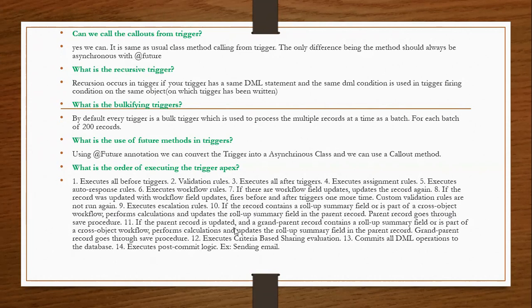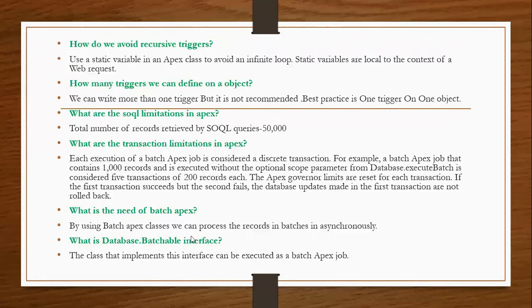If the parent record is updated and the grandparent records contain roll-up summary fields or are part of a cross-object workflow, perform the calculation and update the roll-up summary fields in the grandparent records; the grandparent records go through the save procedure. Execute criteria-based sharing evaluation, commit all DML operations to the database, execute post-commit logic, and execute sending emails.